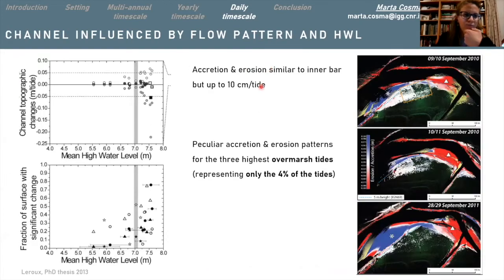The channel. The graph here shows that accretion and erosion are quite similar to the inner bar, but they can be higher, up to 10 to 25 centimeters per tide, and there is a slight decrease in the mean accretion with the mean high water level.